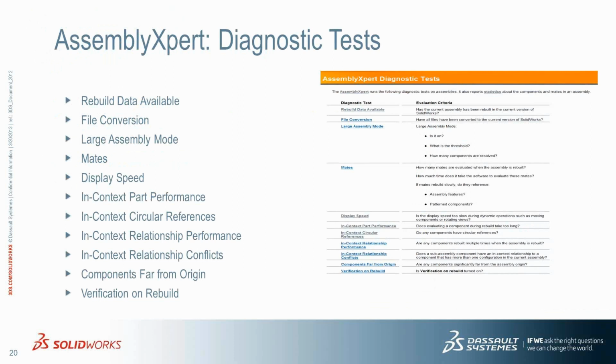It can tell you whether the files have been built in the latest version of SolidWorks or they need to be converted. It can tell you how many mates have to be evaluated in that assembly. It can show you whether your display speed is slow. It can tell you if your components are too far away from the origin, or you've turned on verification on rebuild, or conflicts between relationships. This helps you out. This is where I go with all large assemblies.